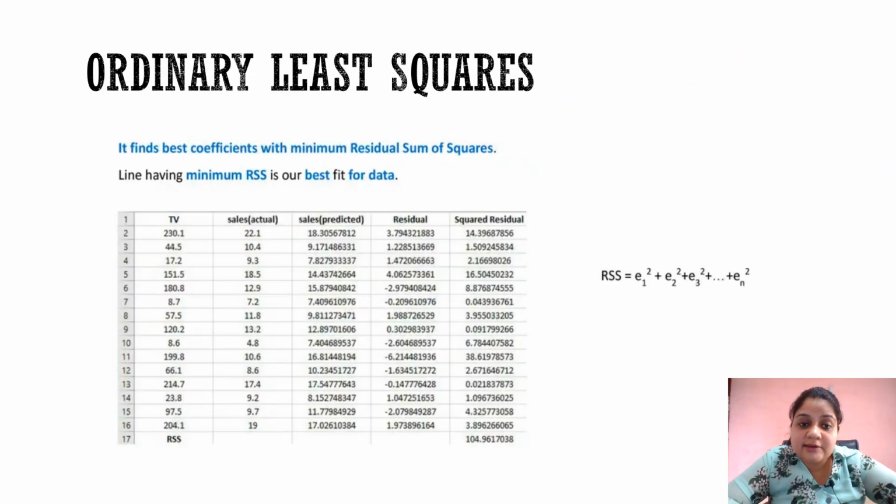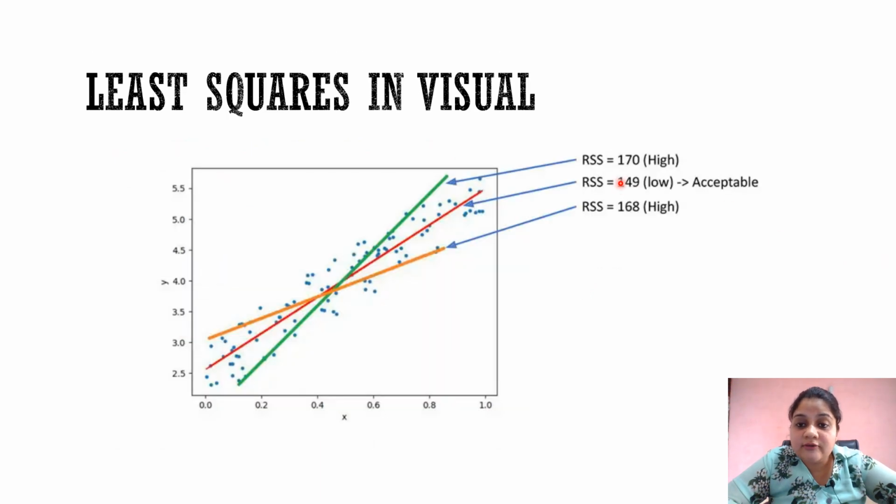This has been explained with the help of another example based on the sales of TV units. This is the actual sales of TV units that took place. This is the predicted sales. This is the residual, that is actual minus predicted value, and then we find the square of the residual values. Based on the squares of residuals for different coefficients of beta naught and beta 1, we can find different values of RSS.